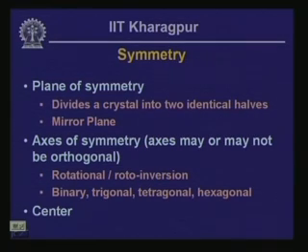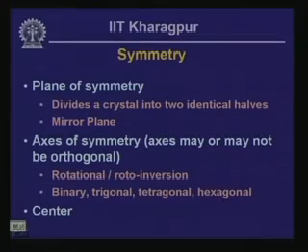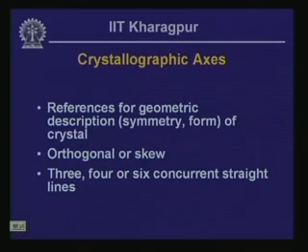Now you should also notice that a mineral can have several different axes of symmetry while it may have no plane of symmetry, or it may have no center of symmetry. And similarly, it could have several planes of symmetry, but there could be situations where there is no axis of symmetry or center of symmetry. We will see these things as we proceed with this presentation.